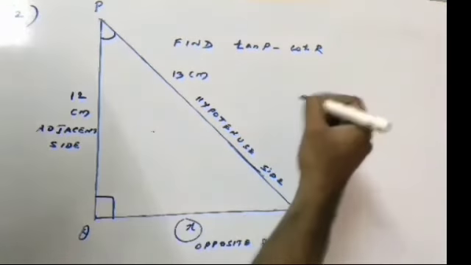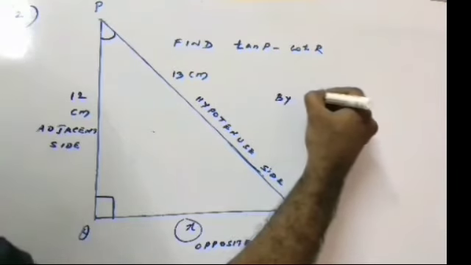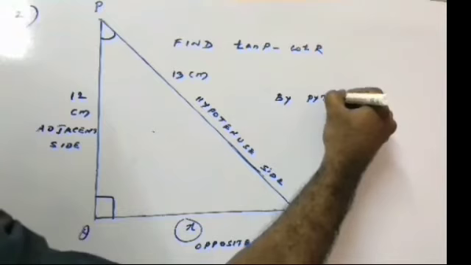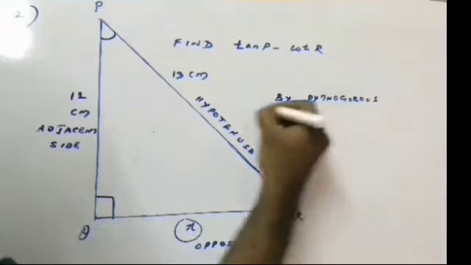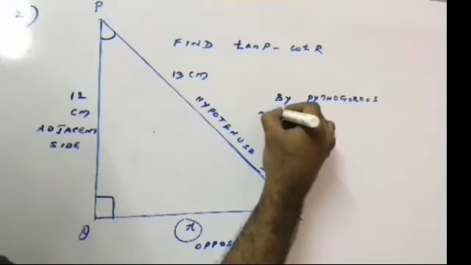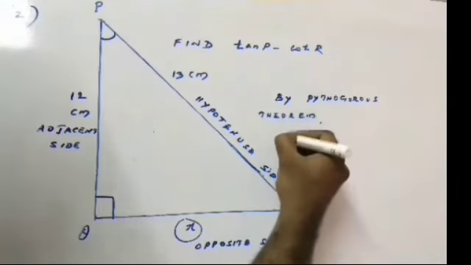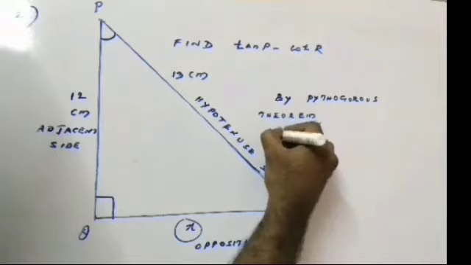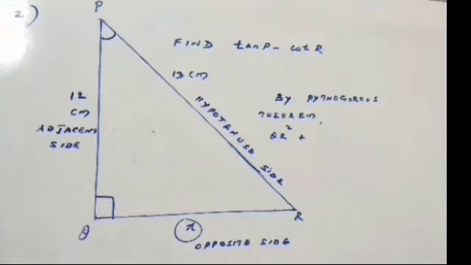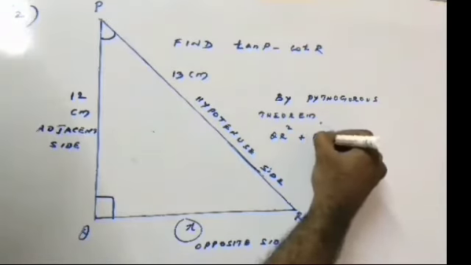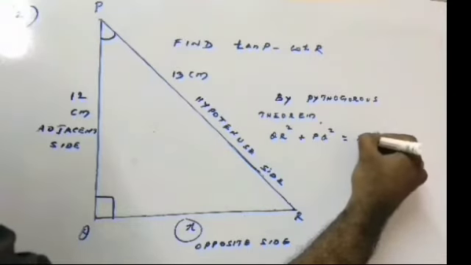Write first by Pythagoras theorem: opposite square, that is QR square, plus adjacent square, that is PQ square, equal to hypotenuse square, that is PR square.